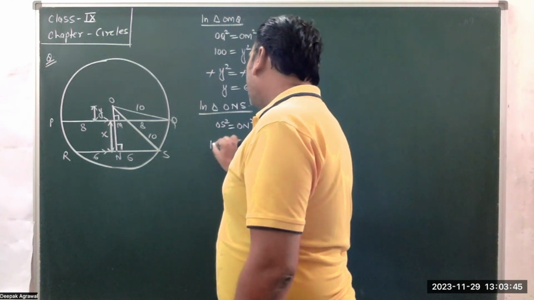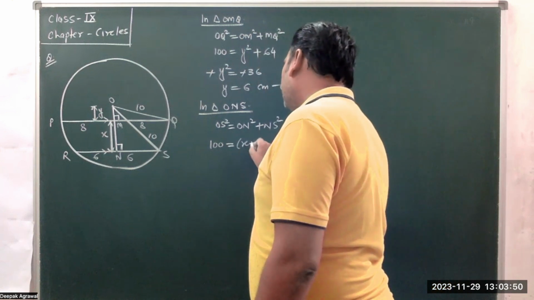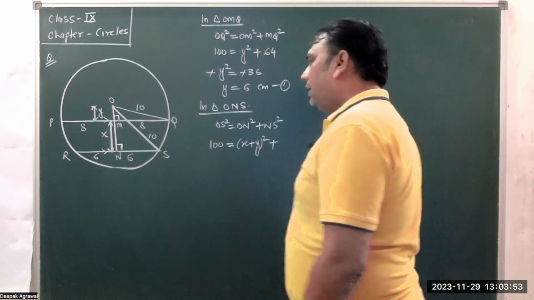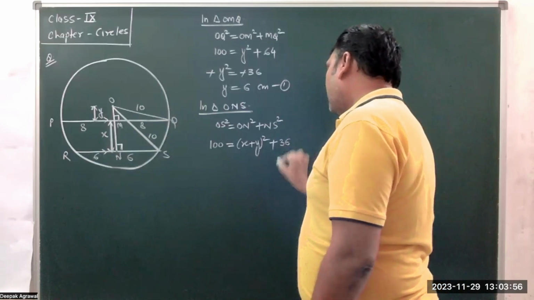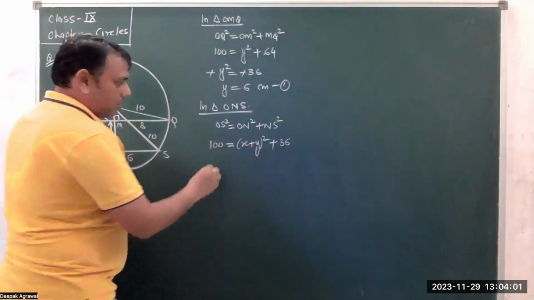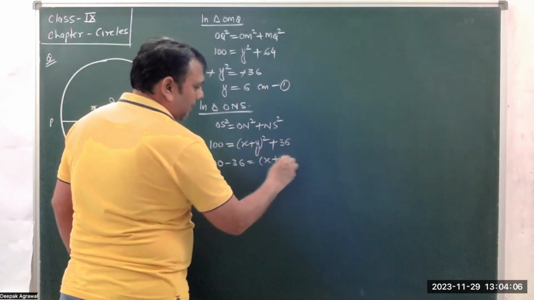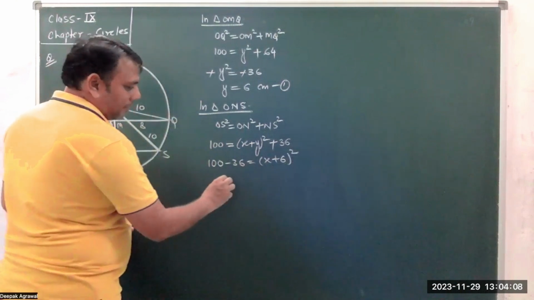OS is 10, so 10 square, 100. ON is (x plus y) whole square plus NS is 6, so square comes out to be 36. Now we have got the value of y, that is 6. So 100 minus 36 is equals to (x plus 6) whole square.